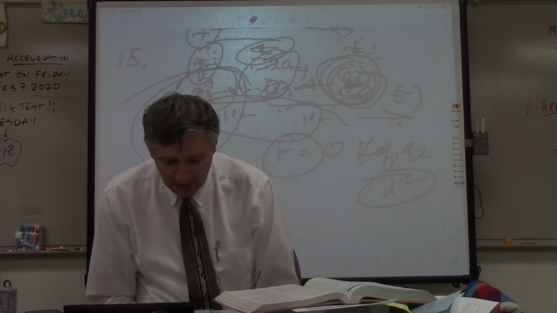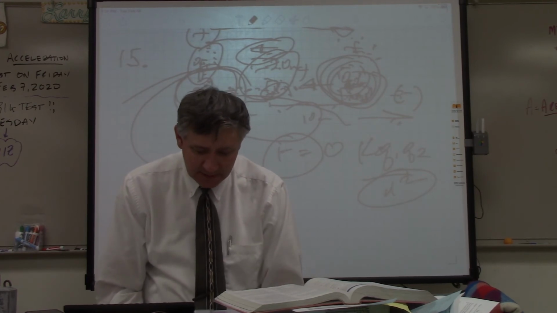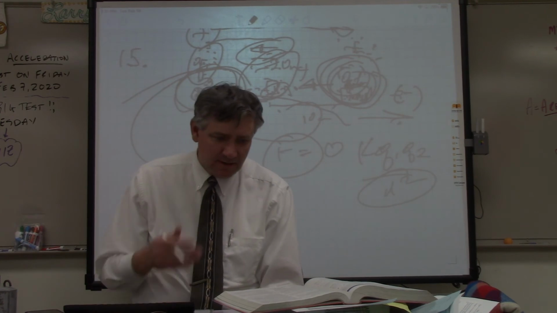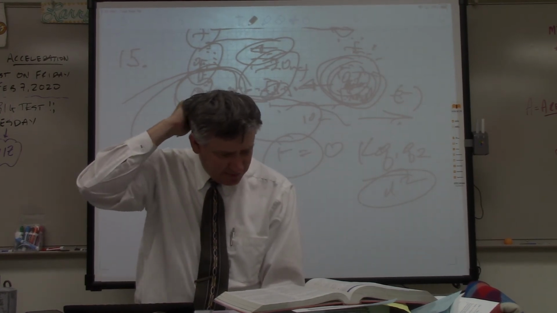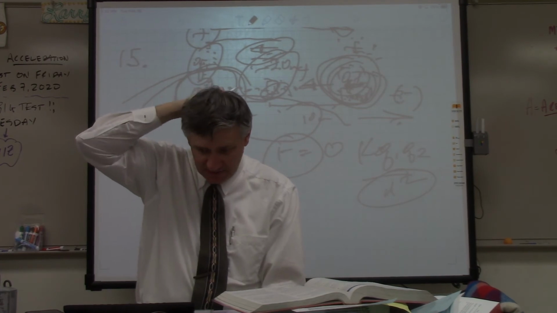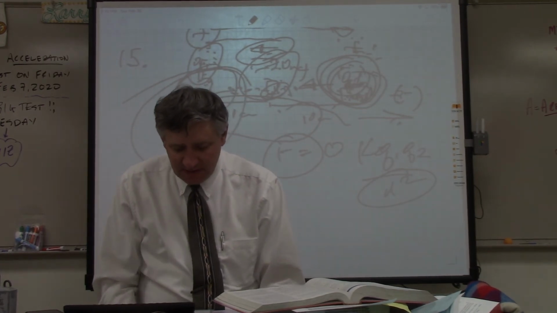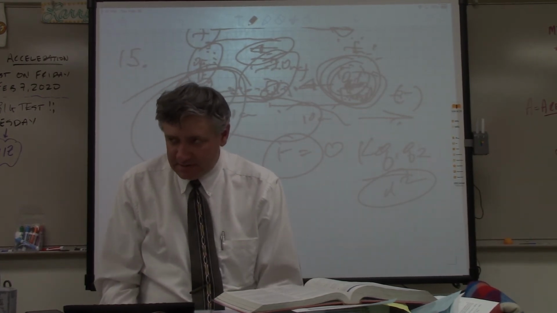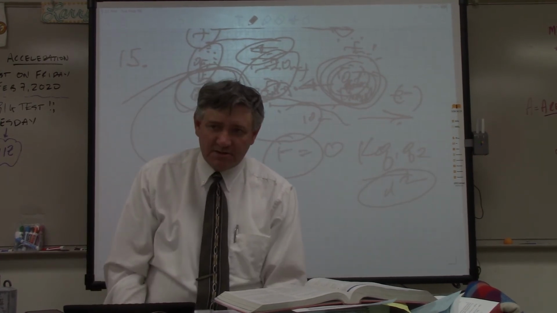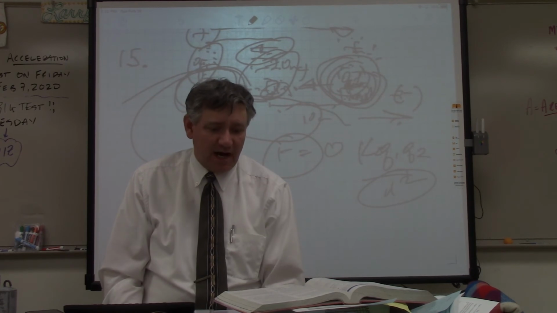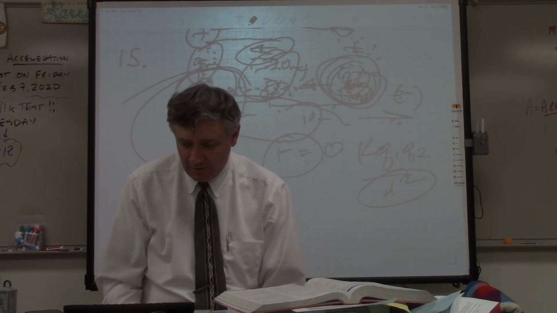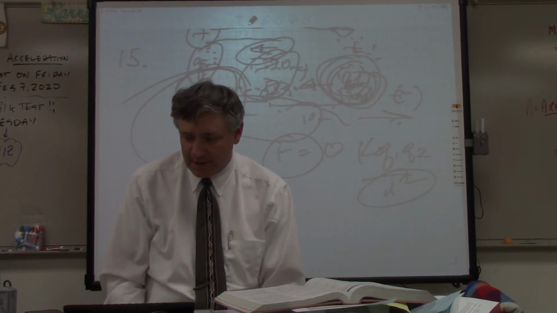Okay, now let's talk about 17. On 17, that's a cool one, mainly because you get introduced to the relative masses of electrons and protons. So on 17, basically you're going to use F equals ma. You're going to find the force divided either by the mass of the proton or the mass of the electron, okay?